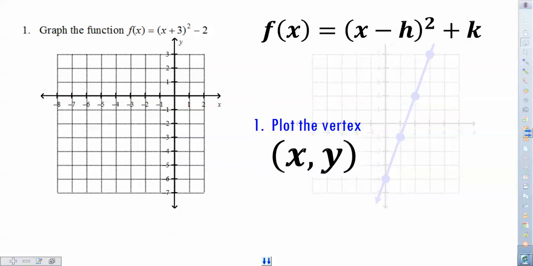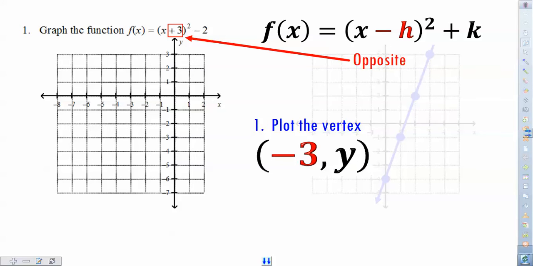So when you're trying to get the x-coordinate, remember the key to finding that x-coordinate is looking right in the parentheses of your function. So when we find the x-coordinate, take a look at that number that's inside the parentheses. In this case, the number playing that role is that +3 right in there. So we just take the opposite of that number. Alright, there we go.